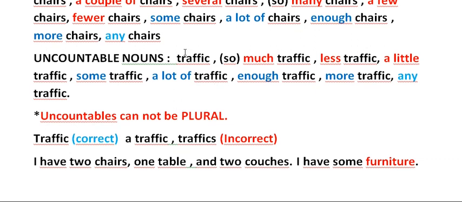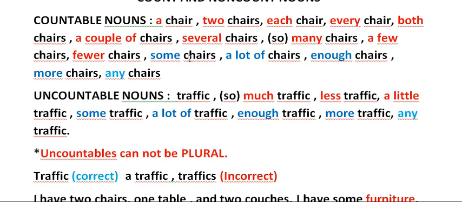Traffic. Here you must be careful. We say a chair, but we cannot say a traffic. We can say many chairs, but we cannot say many traffic. We can only say much traffic.